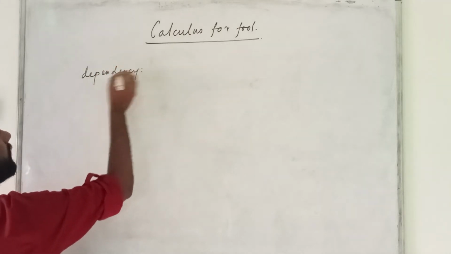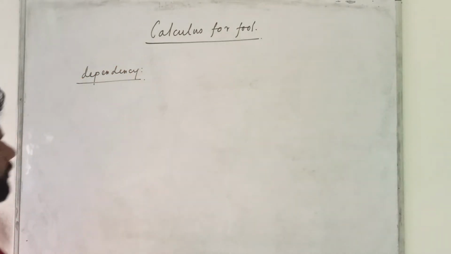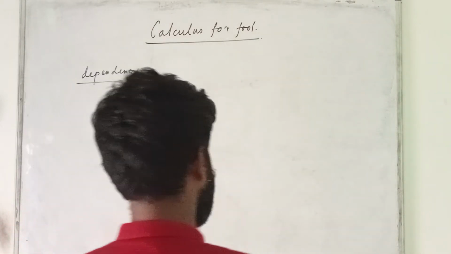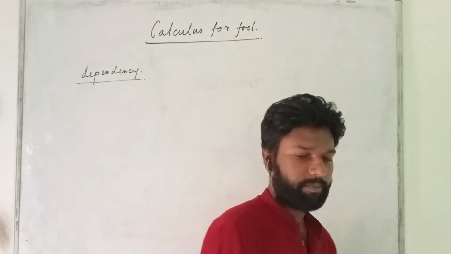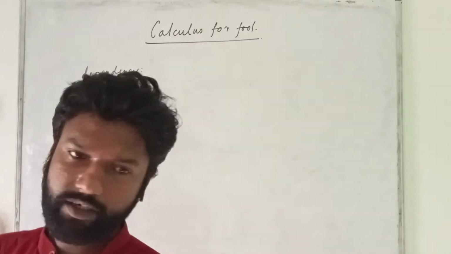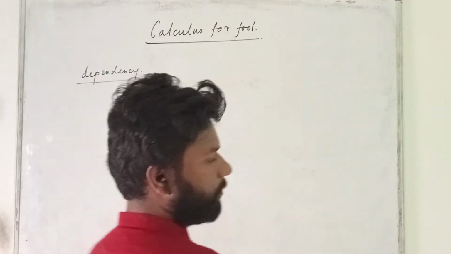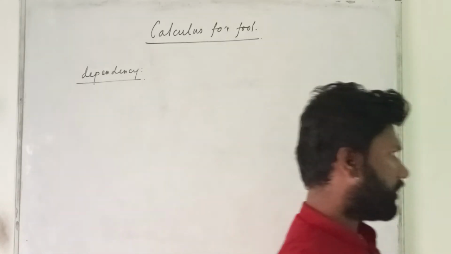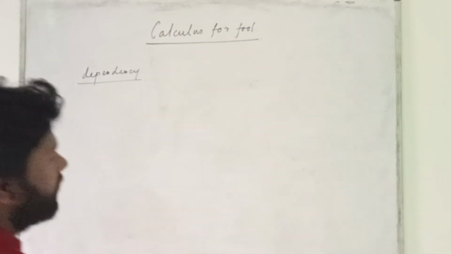Dependency is a very simple thing. You depend on your father, you depend on your mom. Obviously, the reverse is true. Your mom depends on you, your father obviously depends on you. So mathematically, some quantities depend on some other quantities. Let's explain this thing.